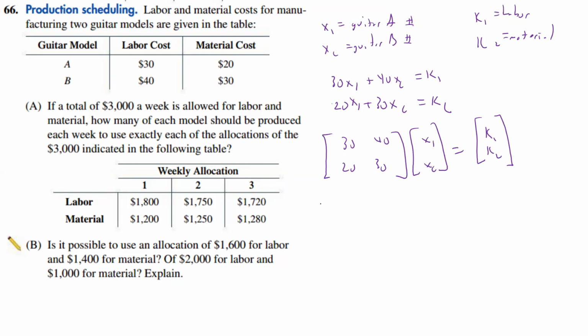So let's see here. Let's say we have 30, 40, 20, 30, 1, 0, 0, 1. Okay, and we could divide everything by 10, I guess. And then let's take minus row 2 plus row 1.